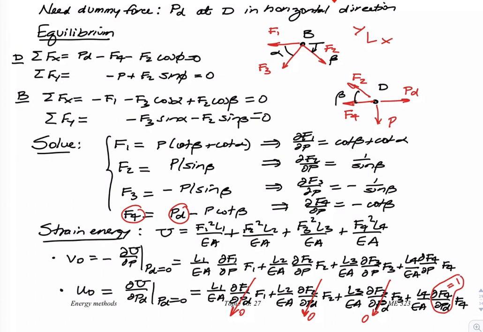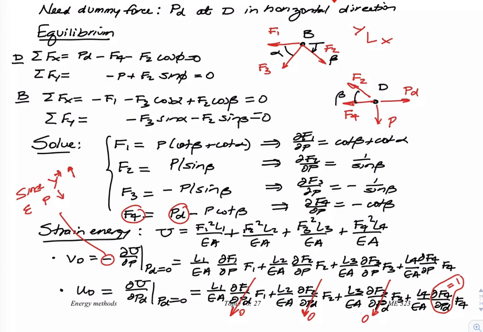So again, V sub D is a minus partial U with respect to P. The minus sign just is due to the fact that we put Y positive up, and P is given down. It's just a minor thing.